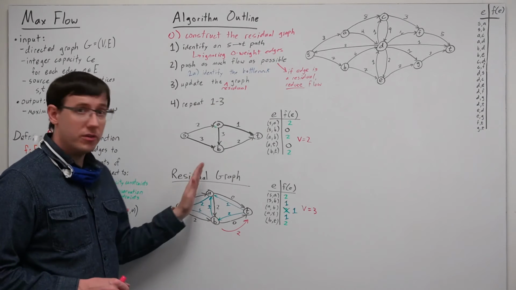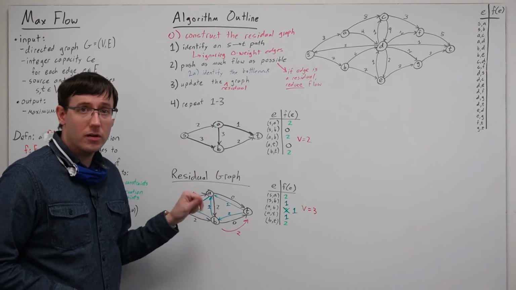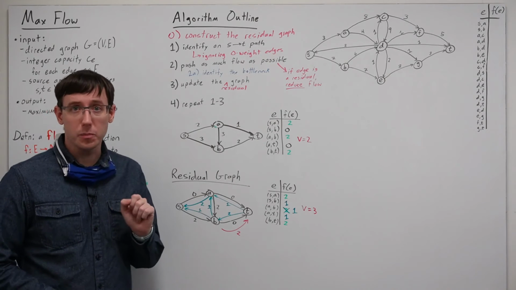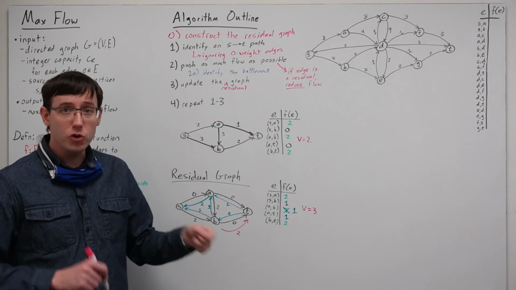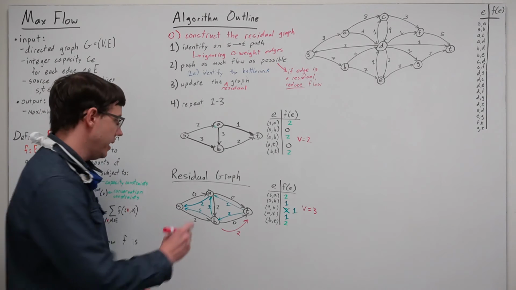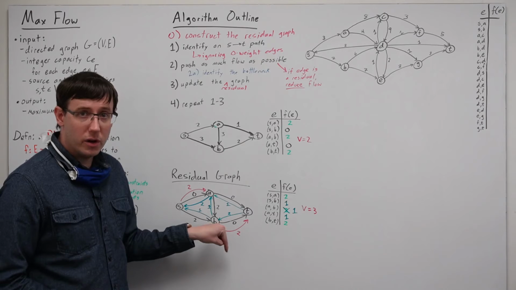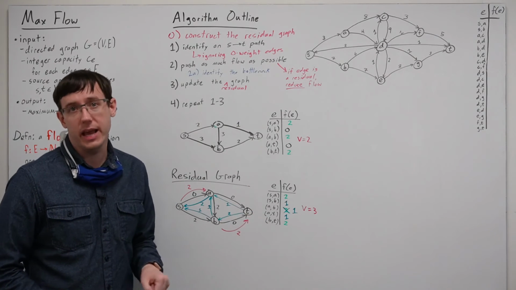Similarly, before we found this second path, the flow coming into and out of A was 2 units, and all of it was going to B. But now we've rebalanced the 2 units of flow coming into A to instead have just 1 unit going to B, and now 1 unit is going on the A to T edge.